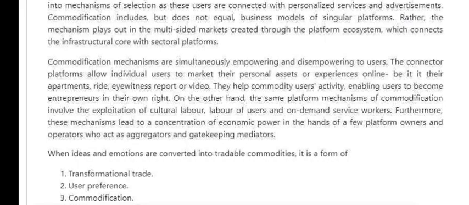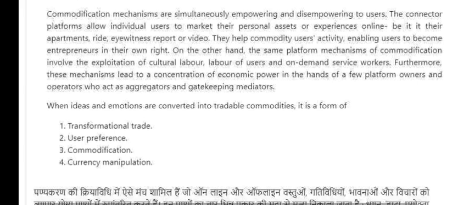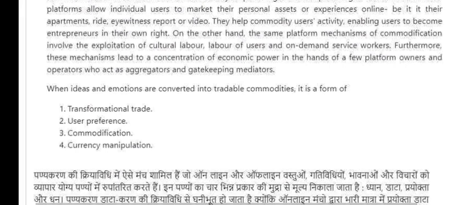Commodification includes but does not equal business models of singular platforms. Rather, the mechanism plays out in the multi-sided markets created through the platform ecosystem, which connects the infrastructural core with sectoral platforms. Commodification mechanisms are simultaneously empowering and disempowering to users. The connector platforms allow individual users to market their personal assets or experiences online, be it their apartments, ride, eyewitness report, or video.